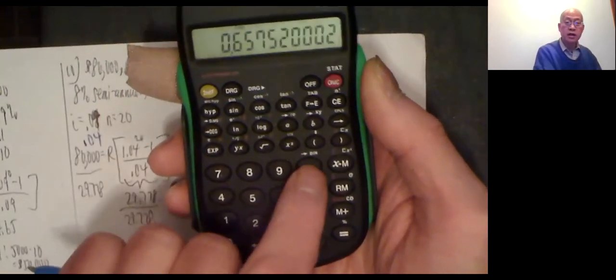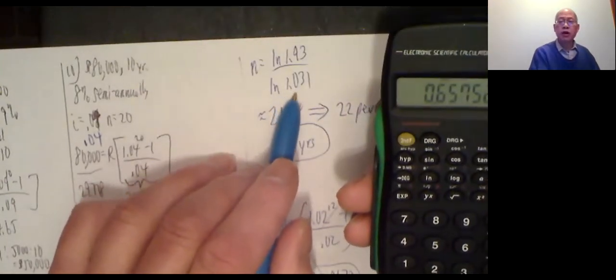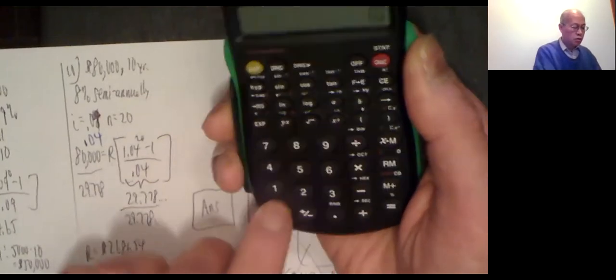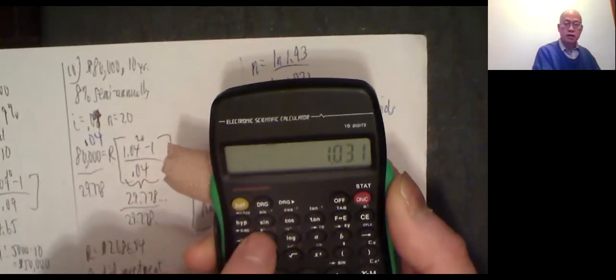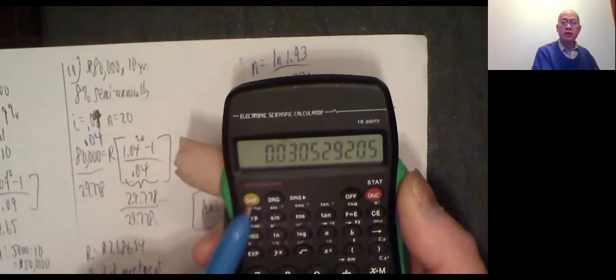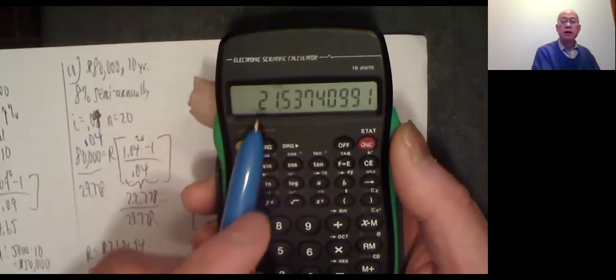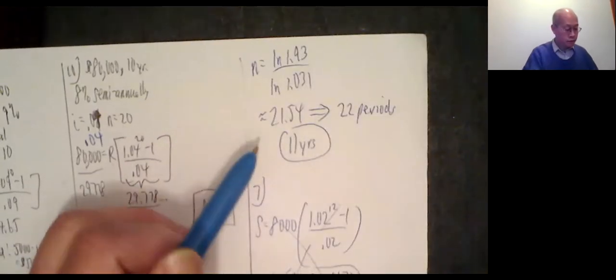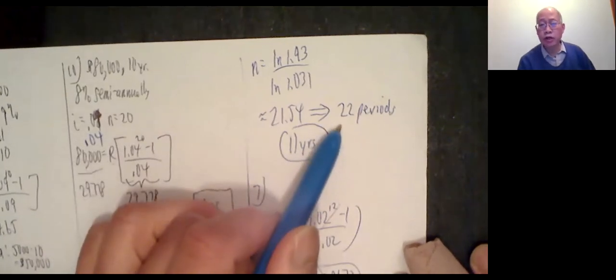Then divided by 1.031, and then ln. So that's the denominator. And then I press equal. And there it is, 21.536, 21.54, which comes out to be 22 periods.